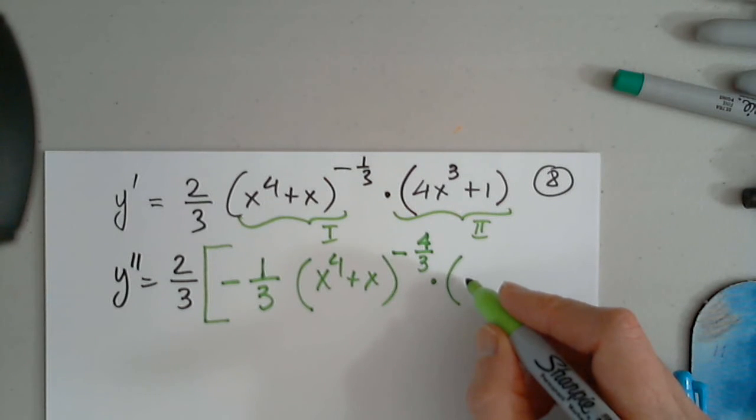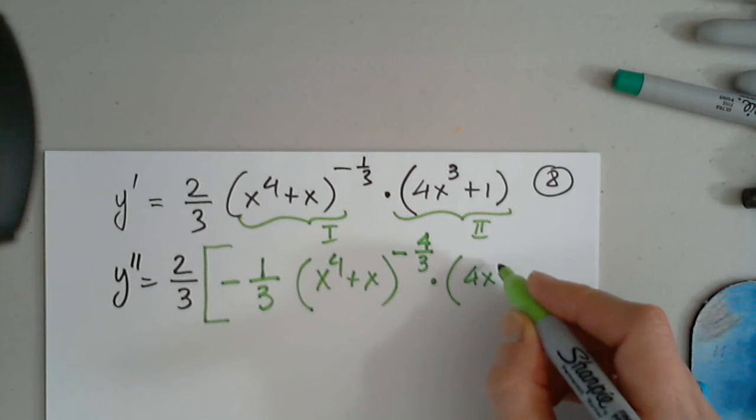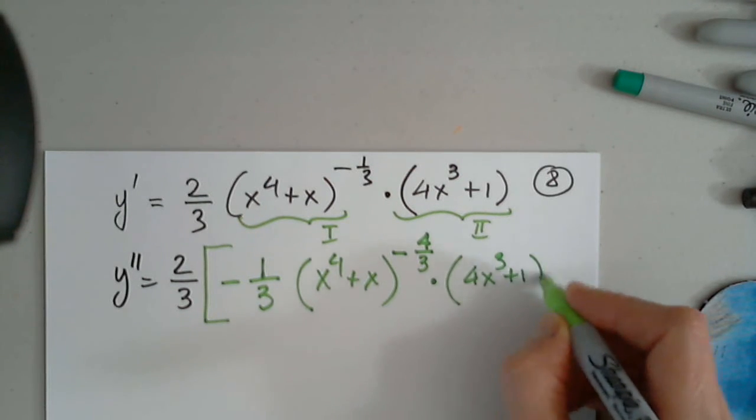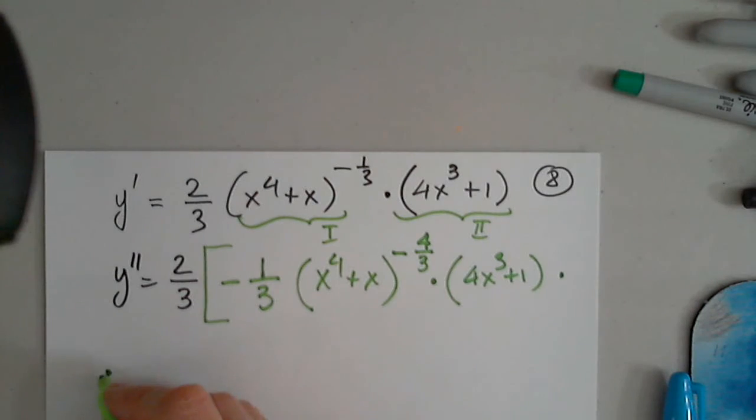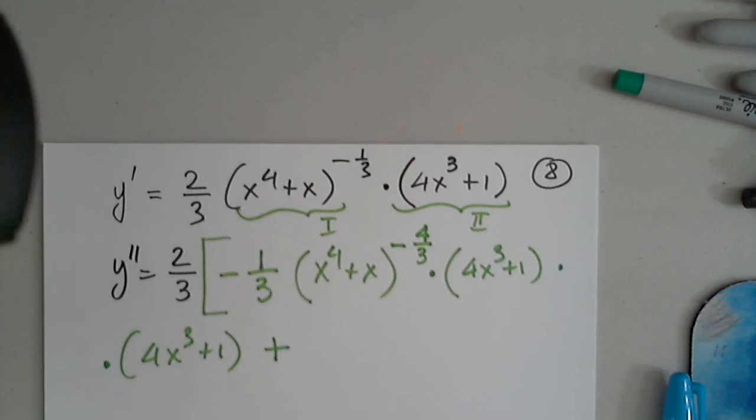Would this be 12x to the second or no? Would it be 4x to the 3rd plus 1? Oh, it stays the same, okay. Times 4x cubed plus 1 plus, so one more time.